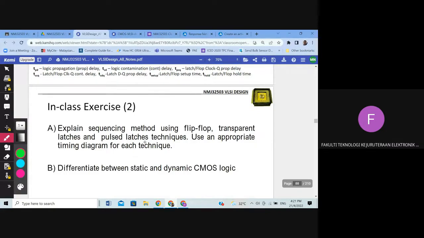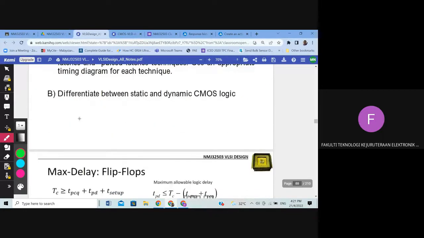You can get this from the textbook and try to explore. Use an appropriate timing diagram for each of the techniques. Try to explain using your own words. If you use your own words, you will gain more understanding of the section that you are working on. The second one, B, is to differentiate between static and dynamic. I think there is a lot of information available.